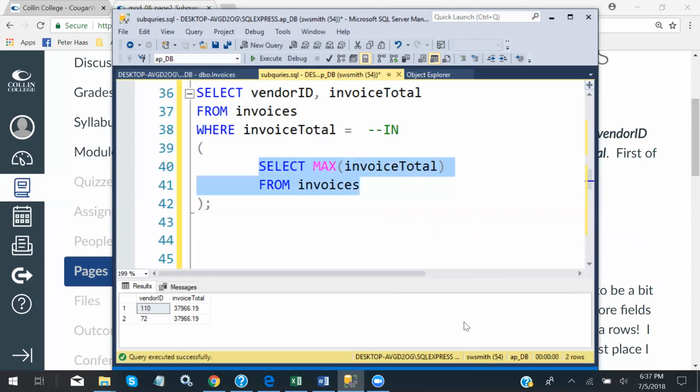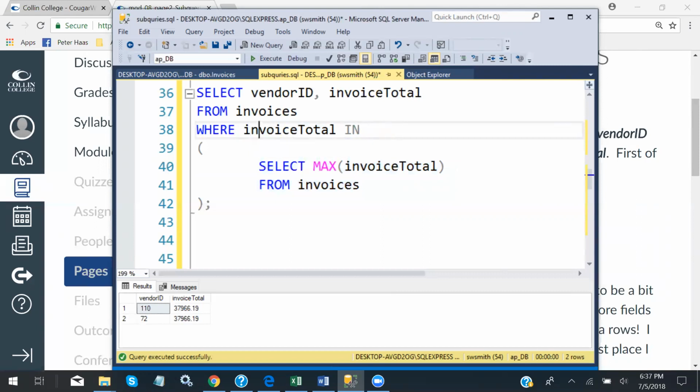But SQL will work this way. It is logically, in my opinion, an error to say equal to here, because we don't really mean equal to. What we mean is the invoice total is in that set. That is the more accurate way to say it.